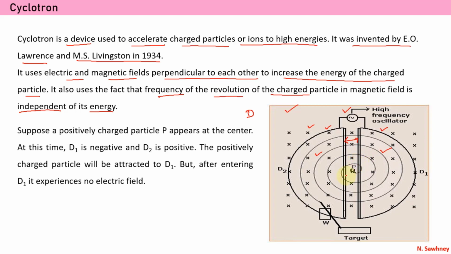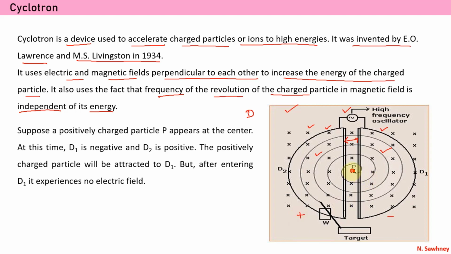Suppose there is a positively charged particle P at the center of the two Ds, that is between the gap. At this time the D1 is negatively charged and D2 is positively charged.